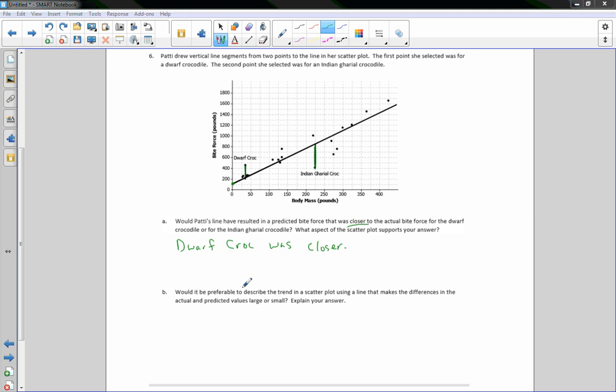So B says, would it be preferable to describe the trend in the scatter plot using a line that makes the differences in the actual and predicted values large or small? Explain your answers. Okay, well, you'd want a small difference because that would put you closer to the actual.